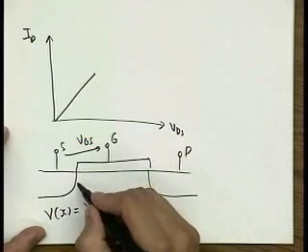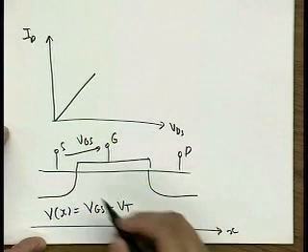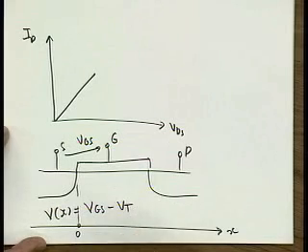That's your V of X if you go in this direction X, and this is 0, and this is some point X.